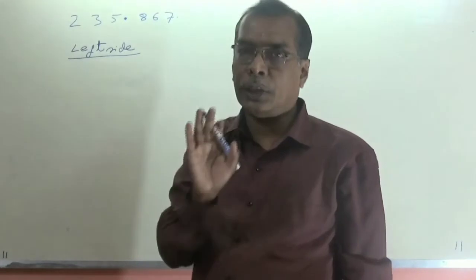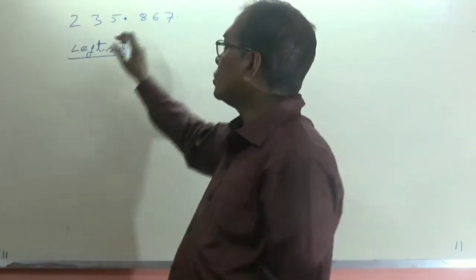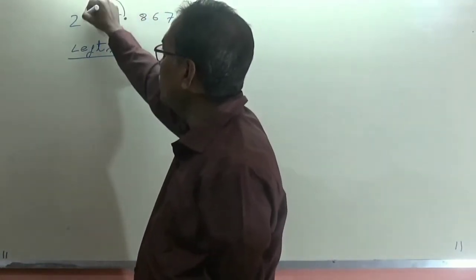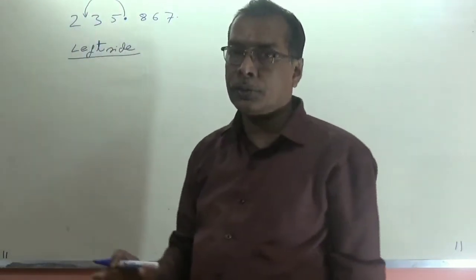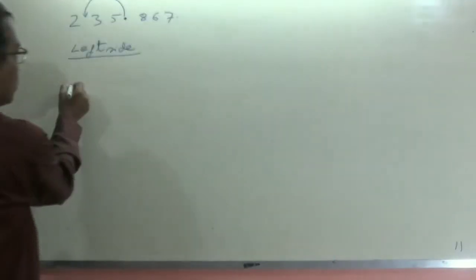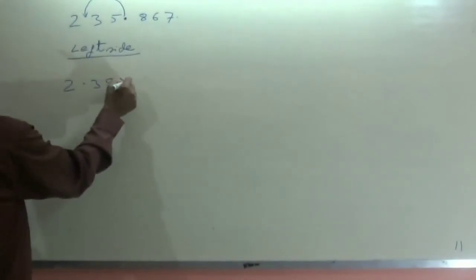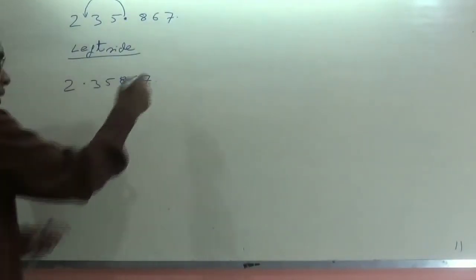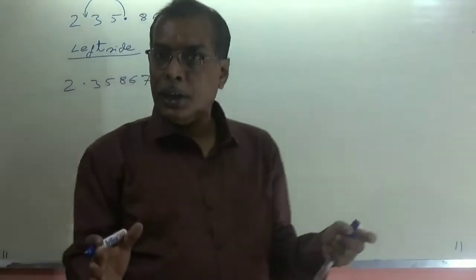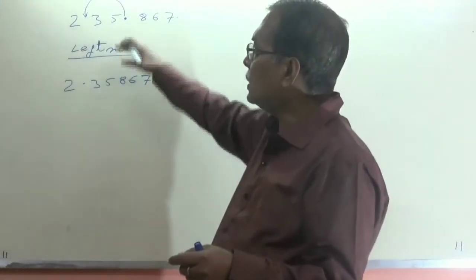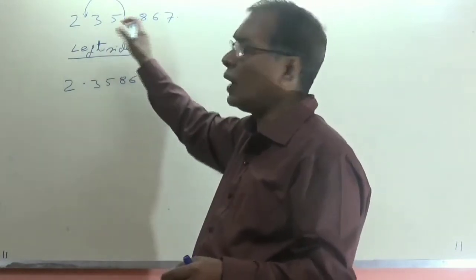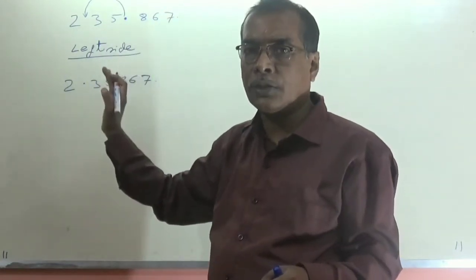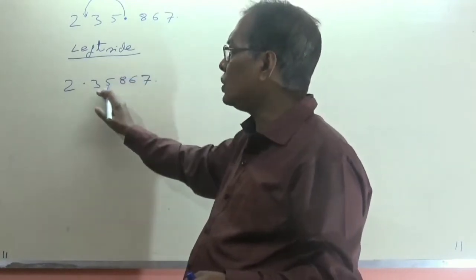Say, two figures. Suppose you want to move the decimal point from here to this place by taking a jump of 2 digits. In that case the figure will look like 2.35867. You can say it has been shifted, but there is a big difference between this number and that number. It is 2 point something, whereas it is 235 point something. The values differ. In that case, one calculation will be required here.